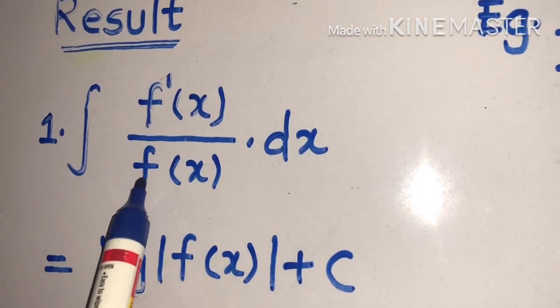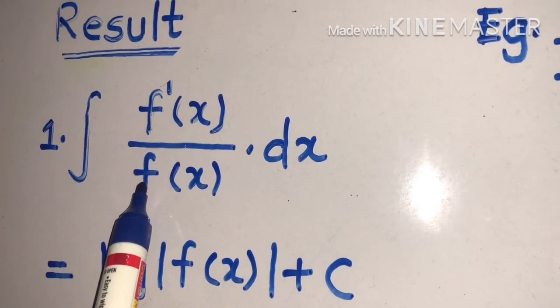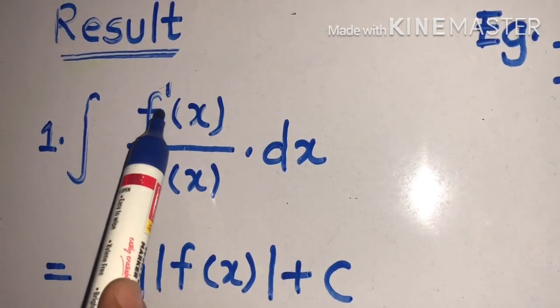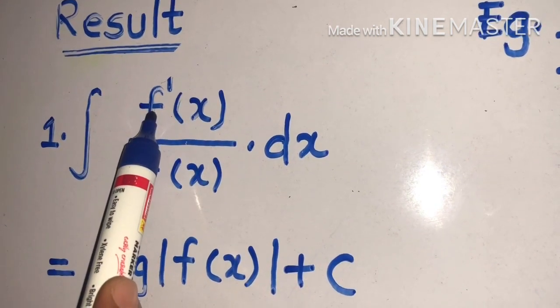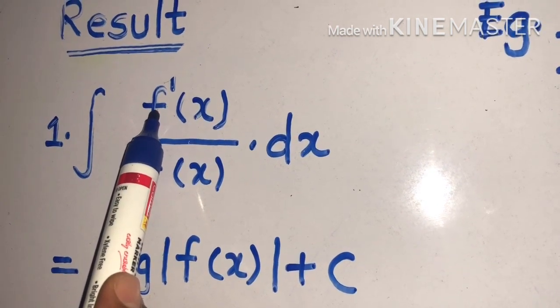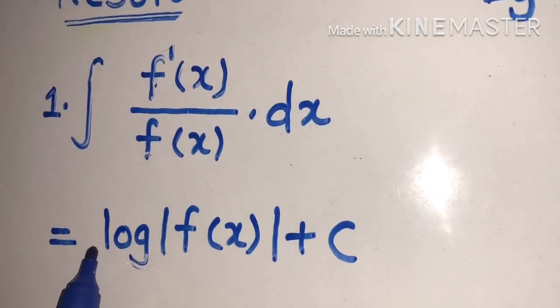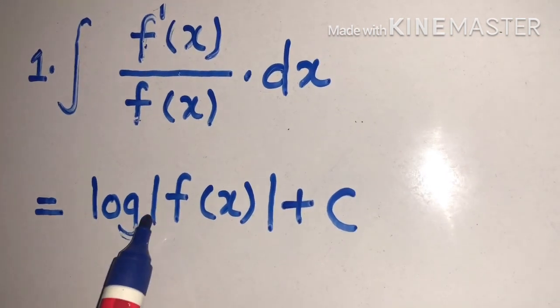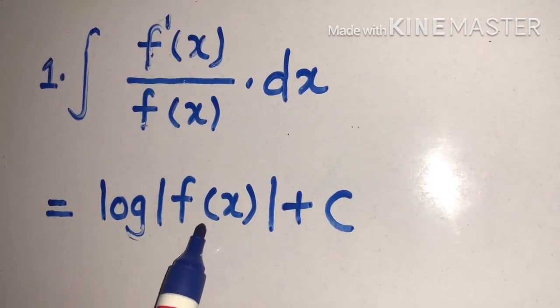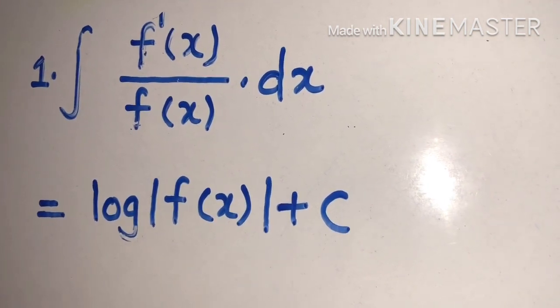It means this is a function which is present in the denominator and its derivative is present in the numerator. So according to this result, the answer of this integration is log of mod of the denominator, which is f of x, plus c.